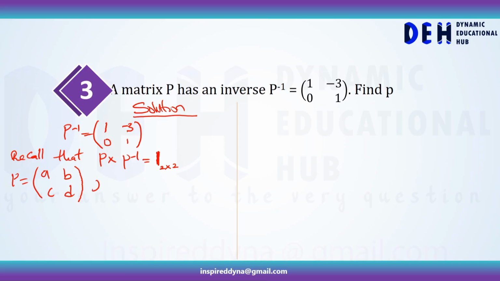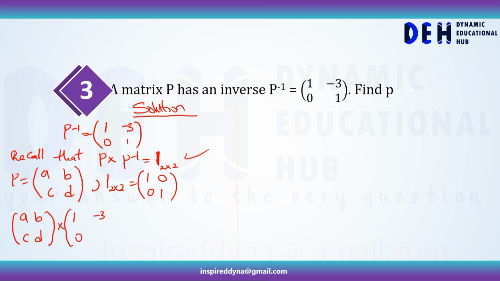And I 2 by 2 is equal to [1, 0; 0, 1]. Let's put them inside this expression. P is [A, B; C, D] multiplied by P inverse [1, 0; -3, 1]. It should give you [1, 0; 0, 1].